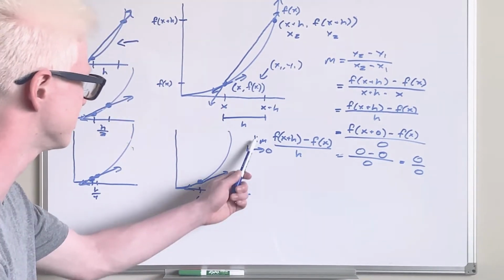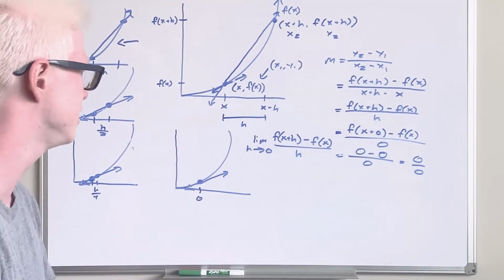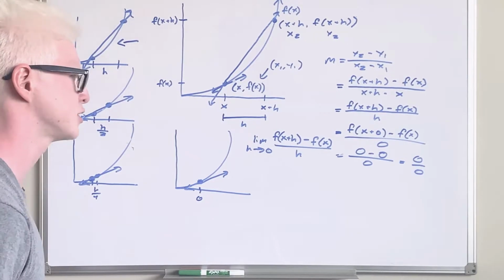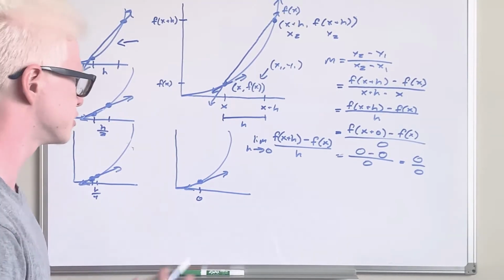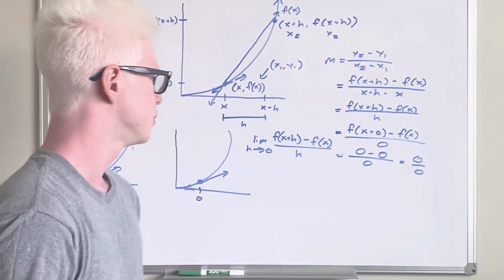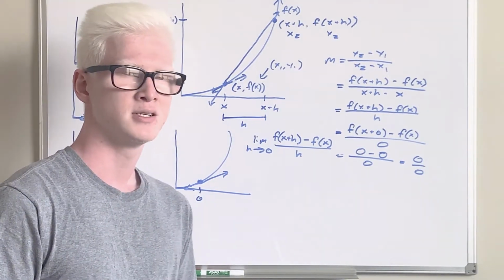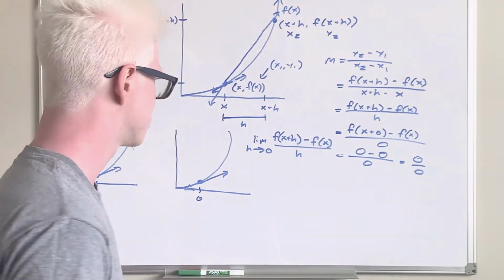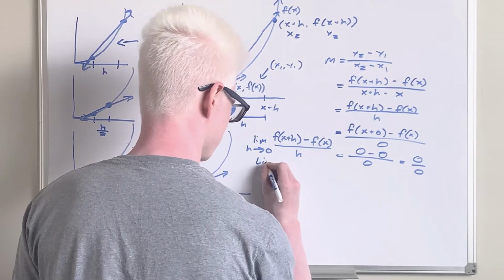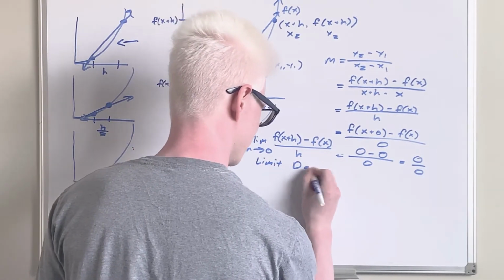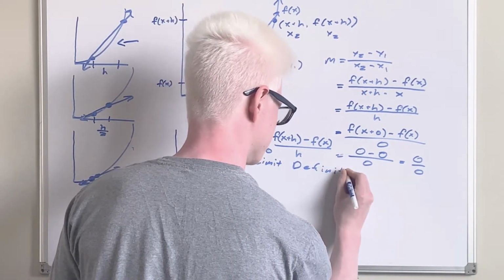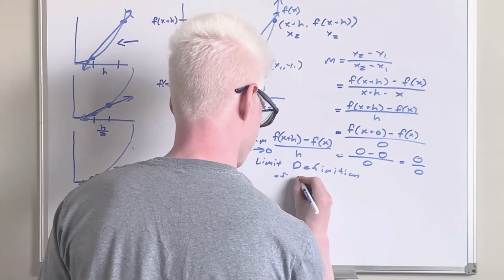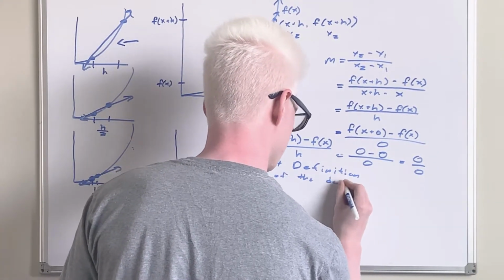So now we have the limit as h approaches 0 of f of x plus h minus f of x all over h. This doesn't do much for us right now, but in actuality, this right here is what's called the limit definition of the derivative.